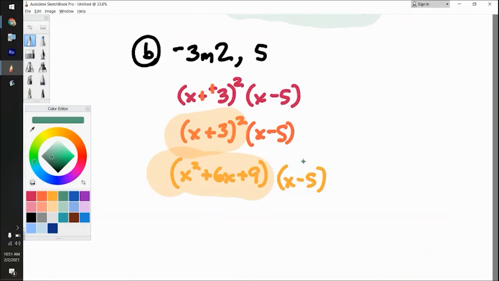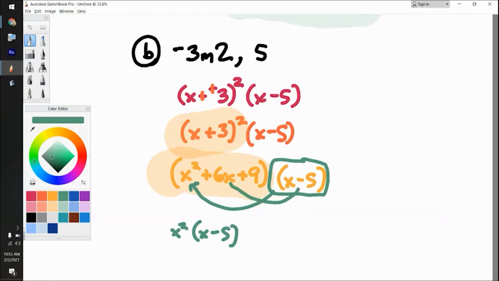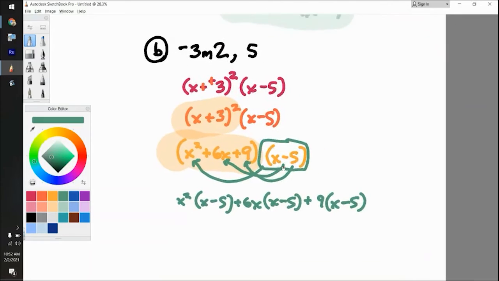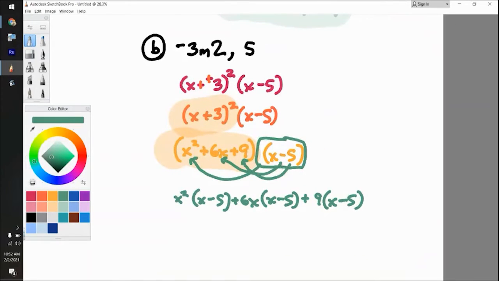So we're going to do x minus 5 times x squared. Then x minus 5 times 6x. And then x minus 5 times the 9. The rest is just distributing. And you should end up with an x to the third, like we said before, because there's 3 solutions.